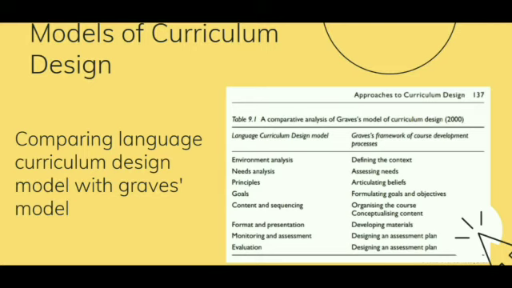The second, in CREF's book, she distinguishes evaluation from assessment but deals with both in the same chapter. In other words, monitoring and assessment and evaluation in the language curriculum design model are not included in one part of the CREF model. We go to the next slide.